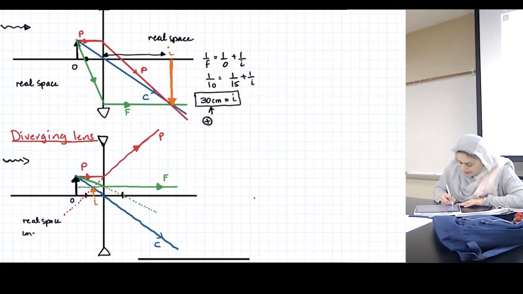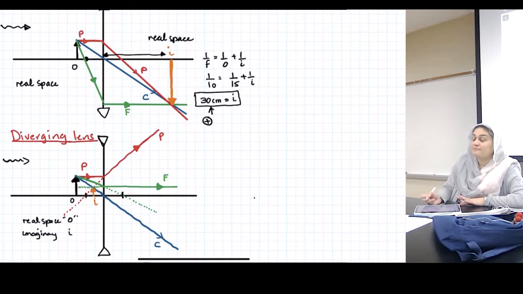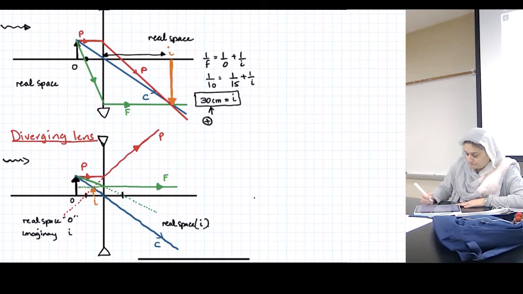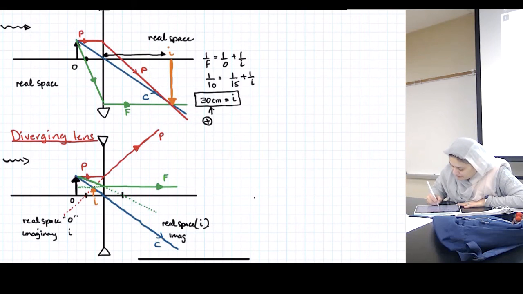This is the imaginary space for the object. This is the imaginary space for the image. This is the real space for I and imaginary space for O.